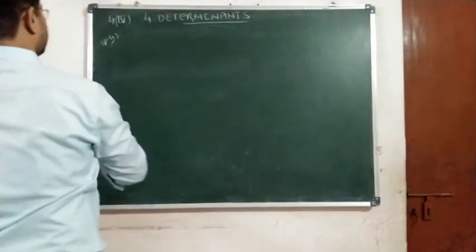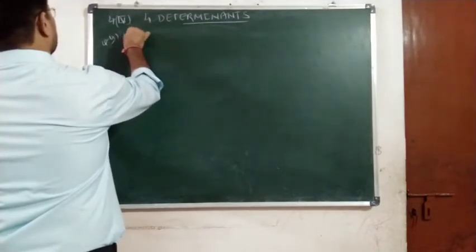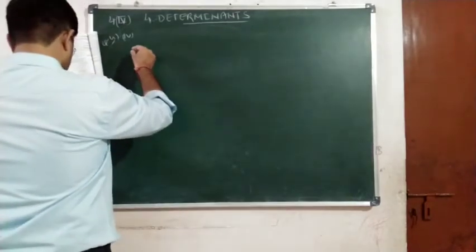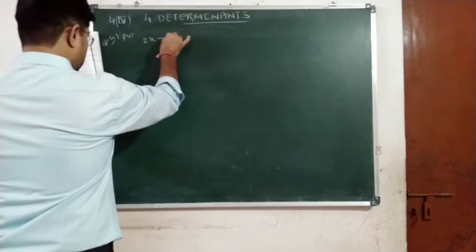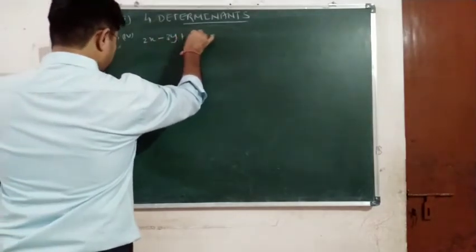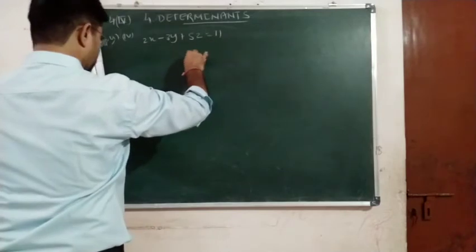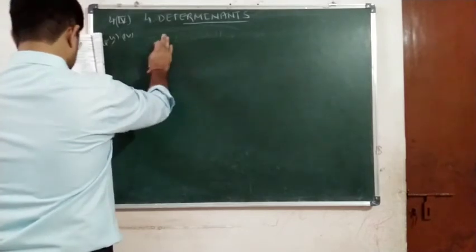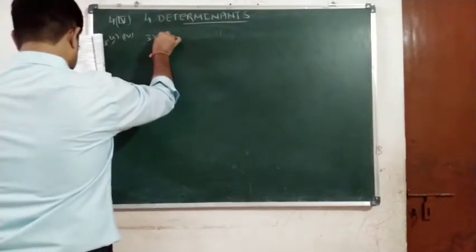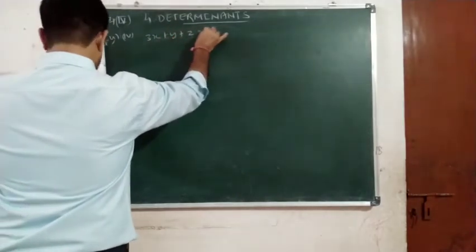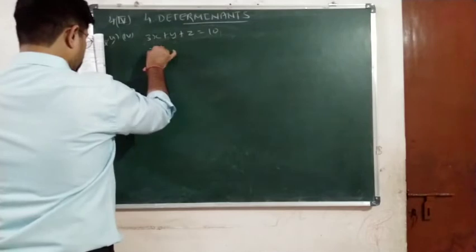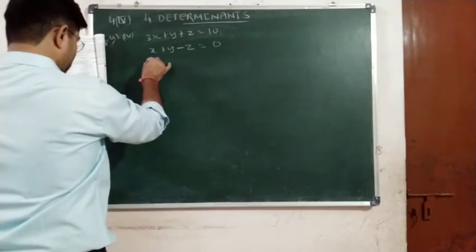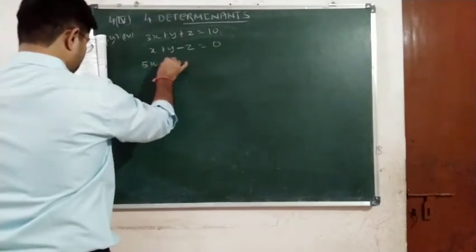Okay, now let us solve question number 4. We are given the equations 3x plus y plus z is equal to 10, x plus y minus z is equal to 0, and 5x minus 9y.